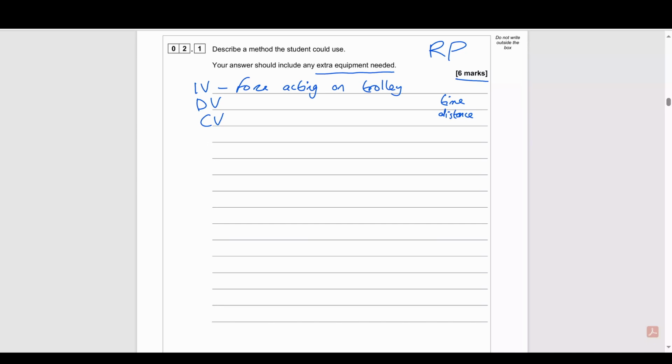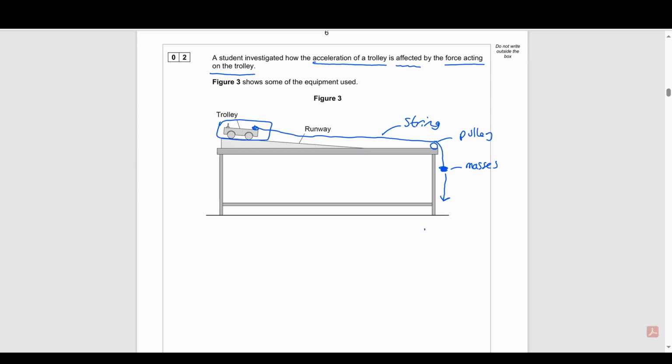So for us to measure the time, we can easily use a stopwatch. So what we could do is time how long it takes for the trolley to move down the runway. But for distance, we can measure using a ruler.